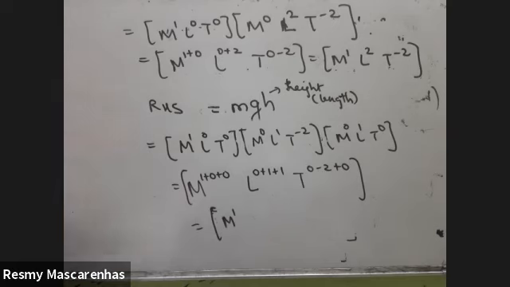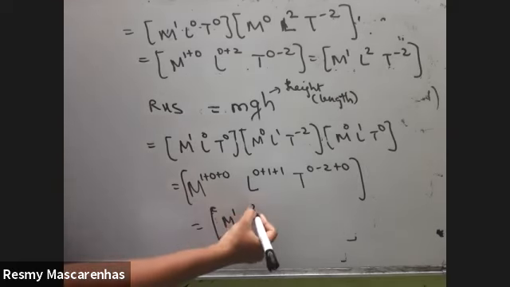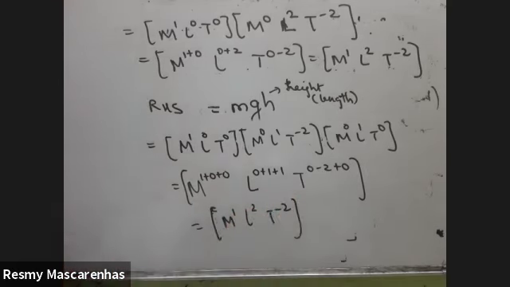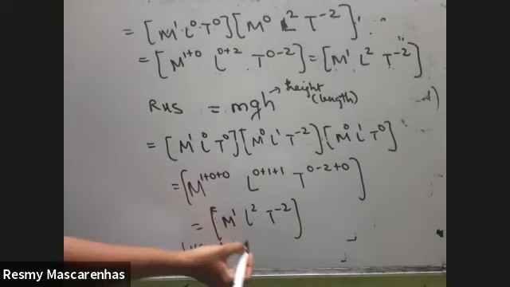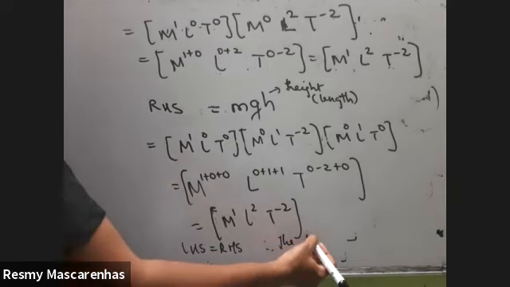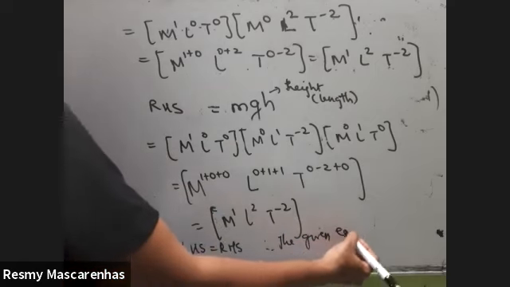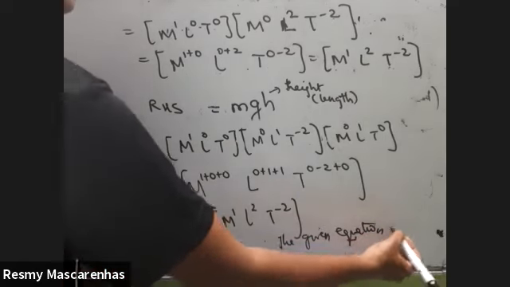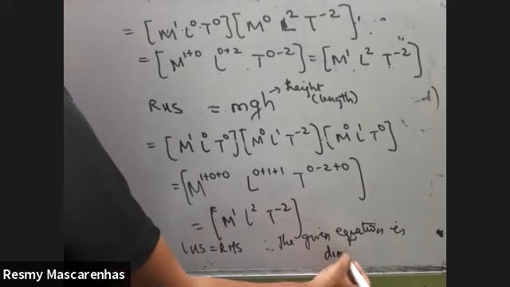This is a fixed one. So this will be the same as your left hand side. So left hand side is equal to right hand side. Therefore, the given equation is dimensionally correct. Everywhere we have to write the same thing: given equation is dimensionally correct.